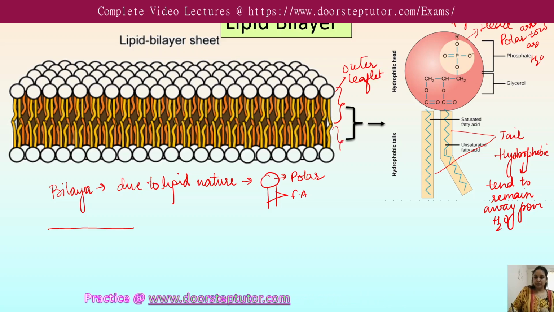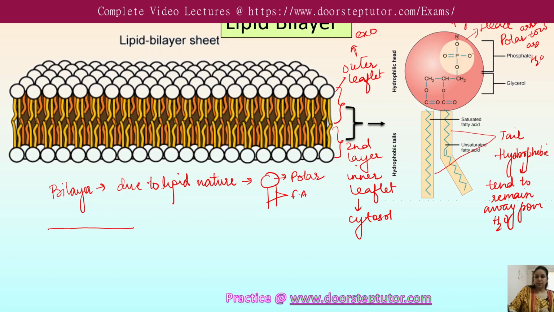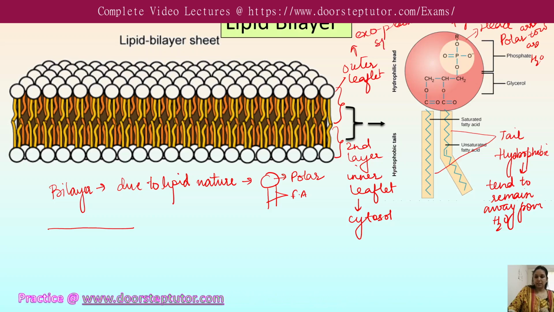Okay, this one is the second layer, or inner leaflet. These are toward the cytosol and these are toward the exoplasmic space.